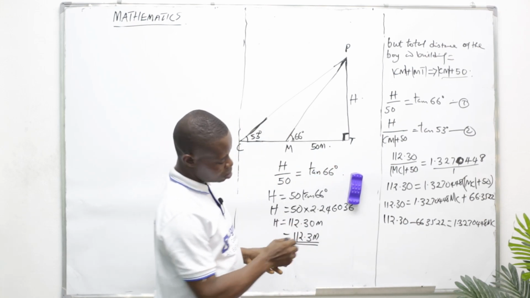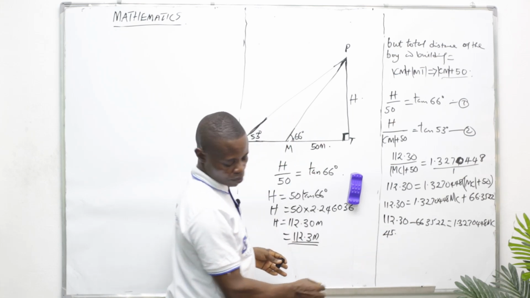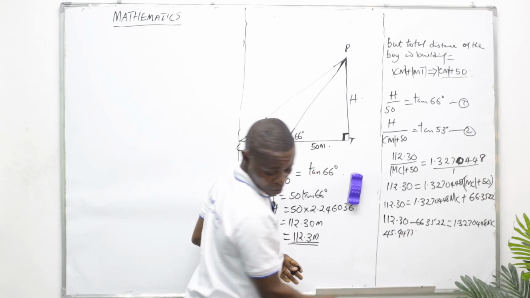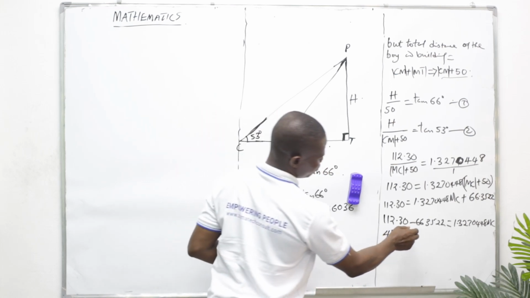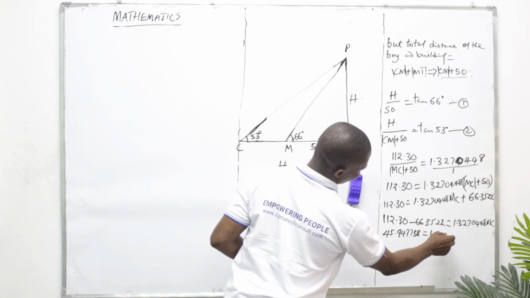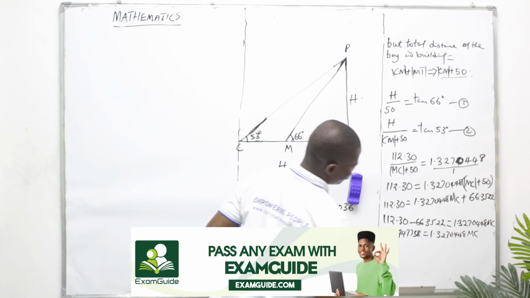When you subtract, you have 45.947775758 equals 1.3270448 MC.